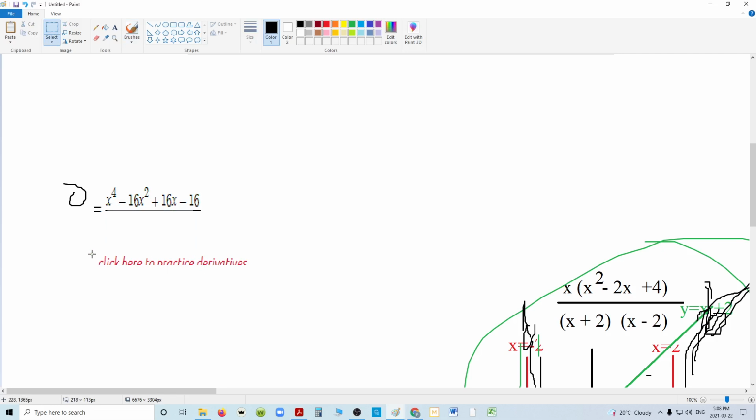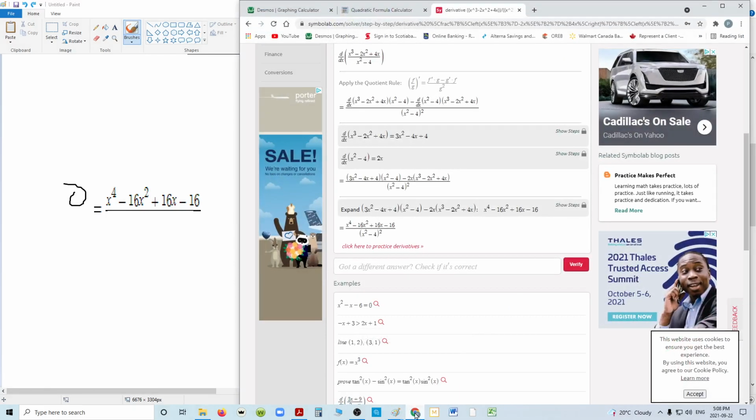So that would become this. And you could see how hard it is to see if there's any factors involved here. You'd have to take synthetic division and see if 1 is a factor, minus 16, plus 16, minus 16. It'd be very difficult. So instead, I'm going to just ask Desmos to graph this for me.